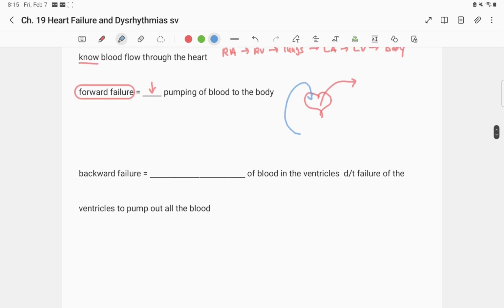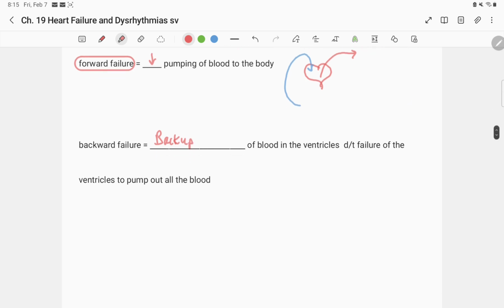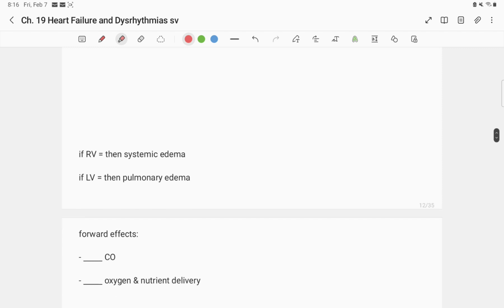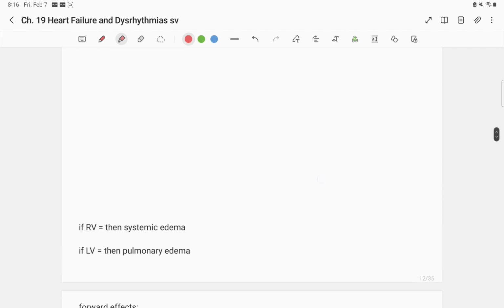Okay, backward failure is where we get backup of blood in the ventricles due to failure of the ventricles to pump out all the blood. Here's the heart. And we have our 4 chambers.